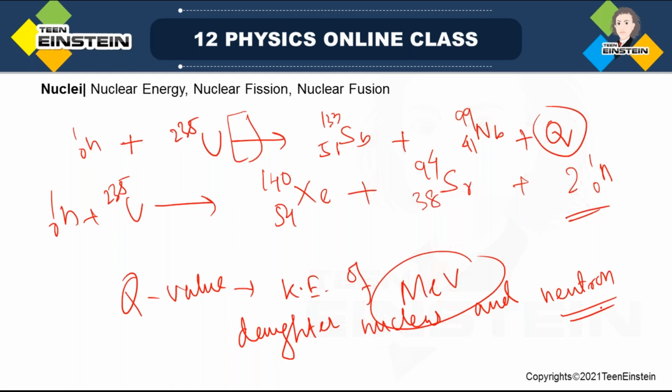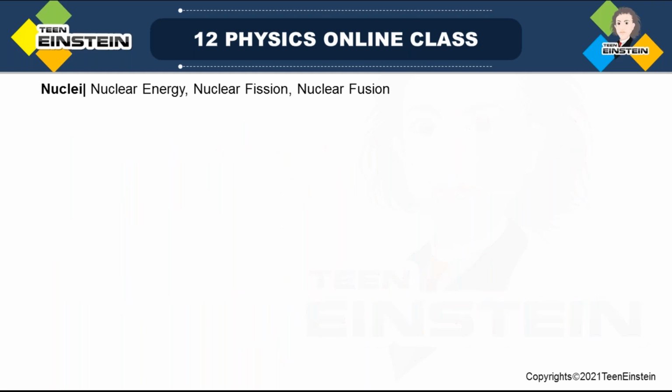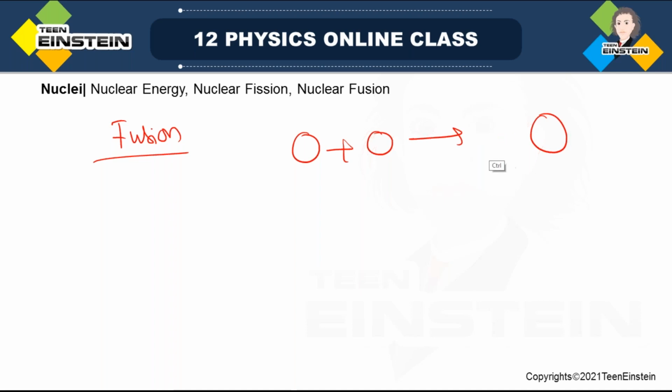Okay, so let us go to nuclear fusion. Fusion, as we have discussed already. In fusion, if you have two light nuclei and fuse them to get a bigger nucleus, then what happens? Bigger nucleus means A is more.